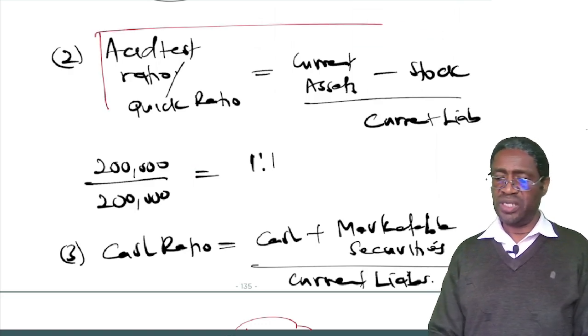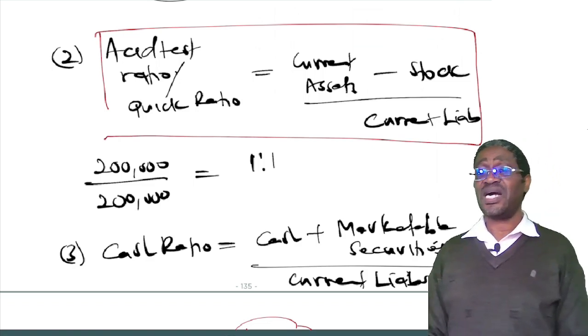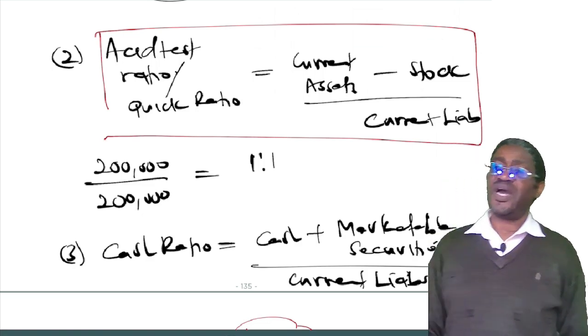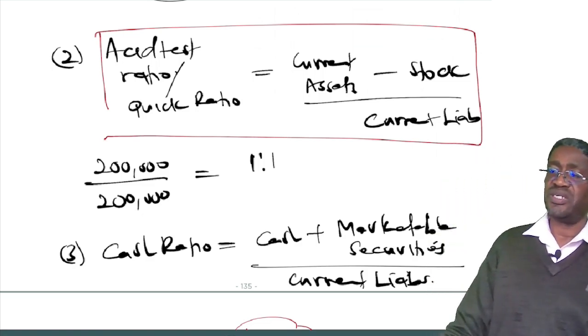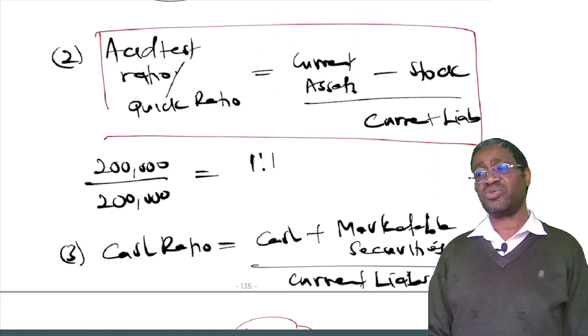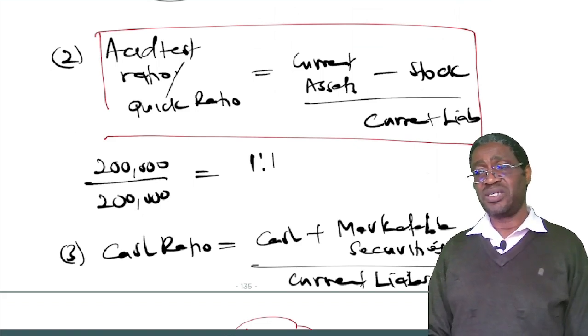Acid test ratio equals current assets minus stock, which is also inventory, divided by current liabilities. You take current assets, minus stocks, and divide that by current liabilities.